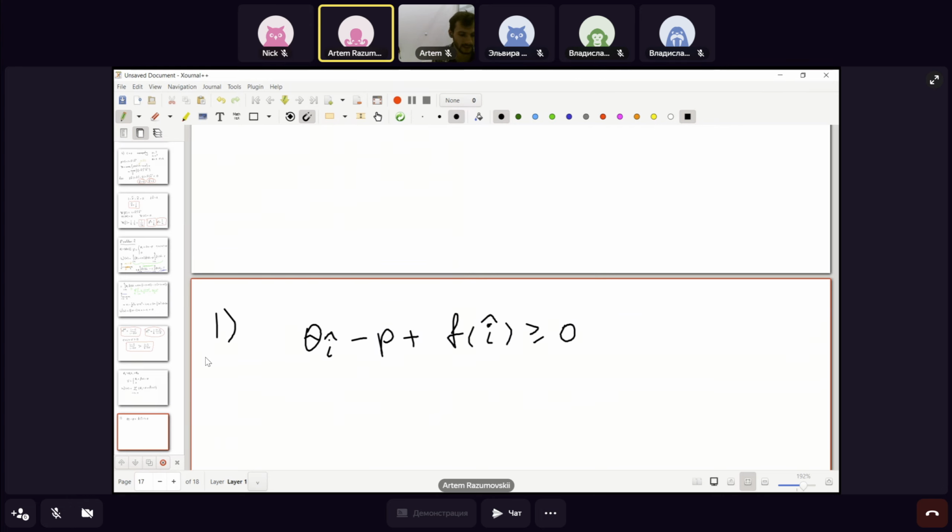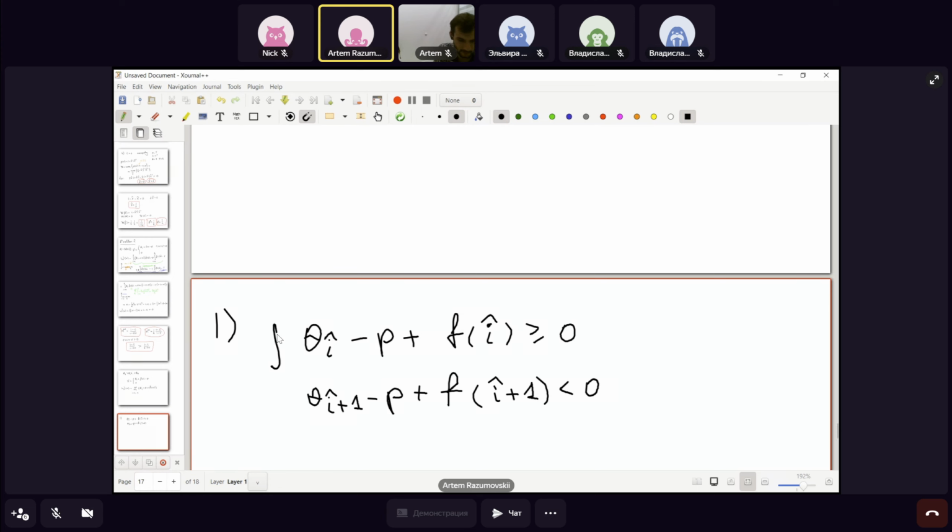But what do we know about the next one? He doesn't join. So if we take theta of I hat plus 1 minus b, and if he joins, the number of users will be I hat plus 1. What is his utility? Strictly negative.